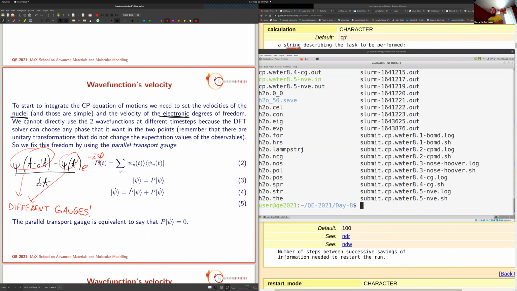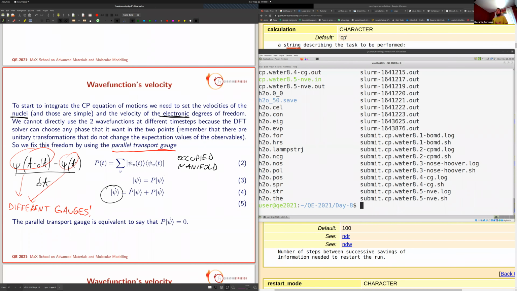So what we do is a trick to fix the gauge, and we use the parallel transport gauge. Let's write something trivial. We write the projector over the occupied manifold, and we say the wave function is equal to the projector onto the occupied manifold times the wave function.